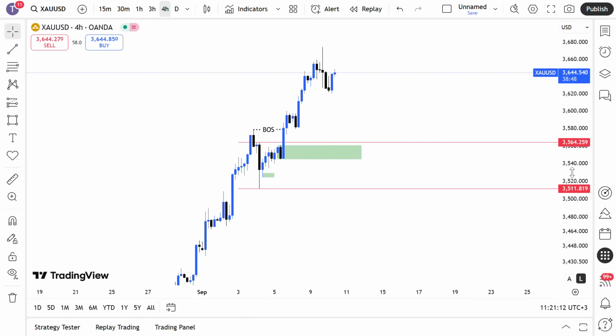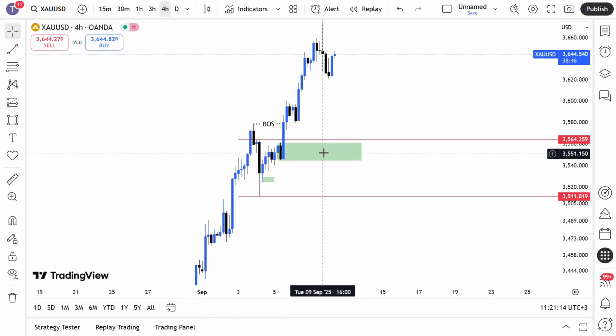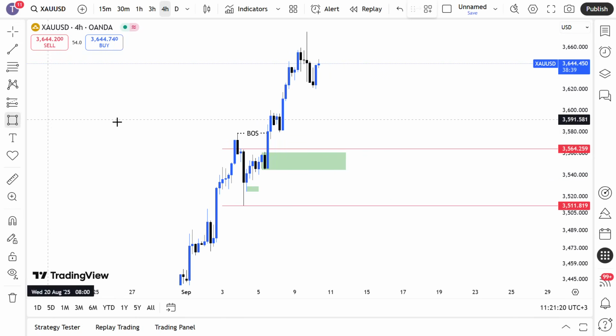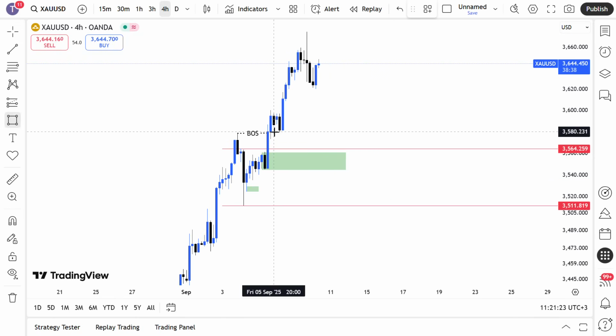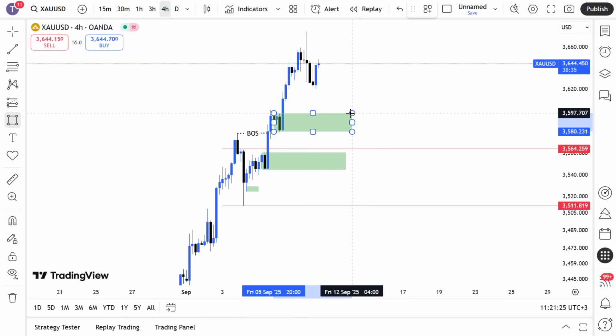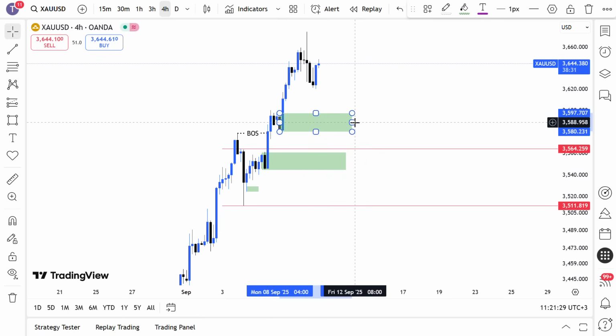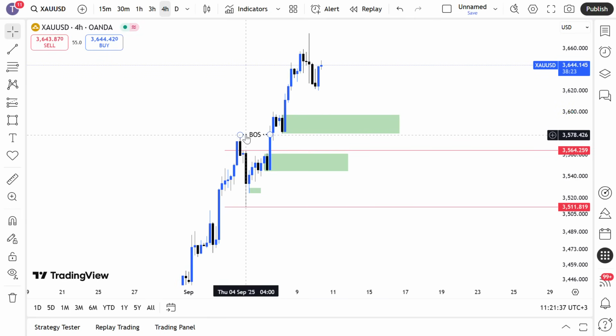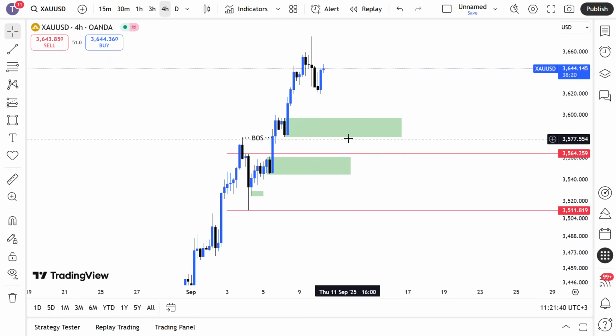So currently I have two order blocks. We have this order block that is inside the daily order block, and that adds a confluence to that order block, and that means that order block is very powerful. And up here we have also this order block. The order block is just above the break of structure, and this can be used as a support level.